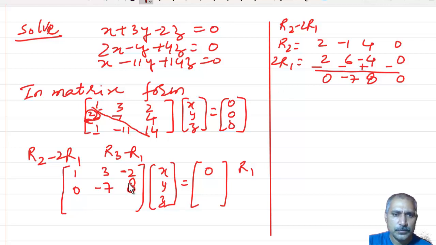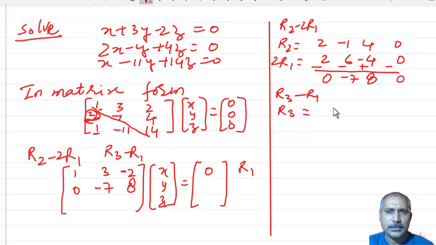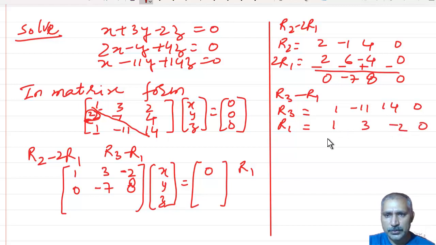Now here we'll do the operation on the third row, that is r3 minus r1. The r3 elements are 1, minus 11, 14 and 0, and the r1 elements are 1, 3, minus 2 and 0.